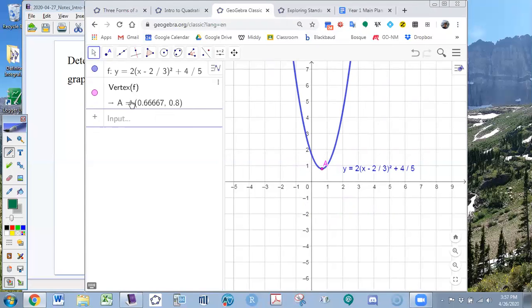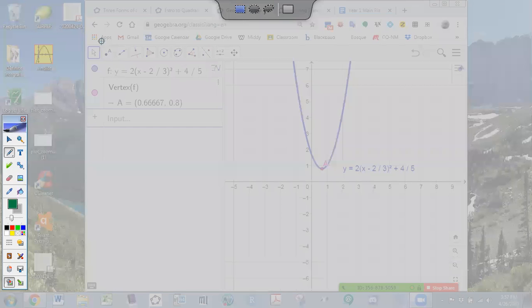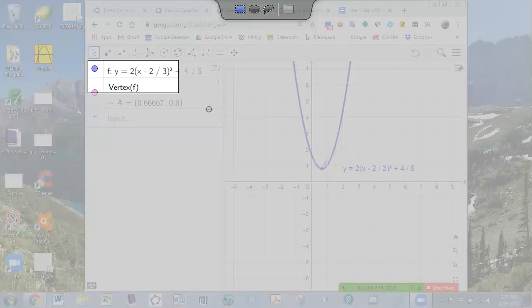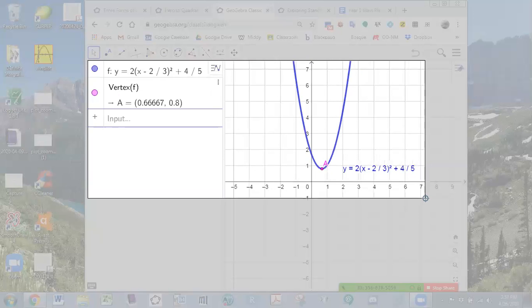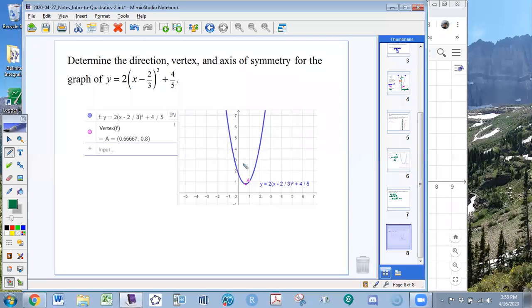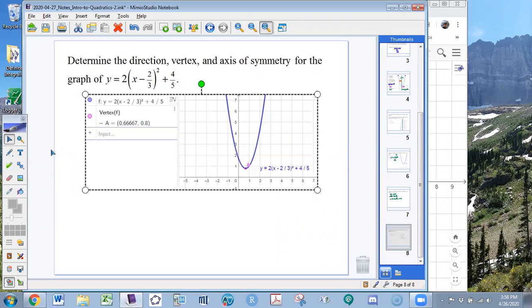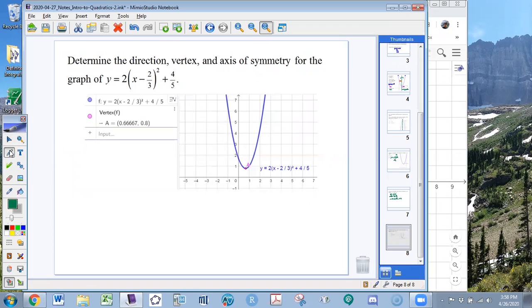All right, now I got a little different thing going on here with my vertex. And the reason I'm bringing this up is to just show how I do expect you to be able to convert decimals into fractions. If you need to get some review on that and we'll help with that, make sure you do that. Because this is a skill you should have at this point. So that 0.66667 is actually supposed to be going on forever and ever.